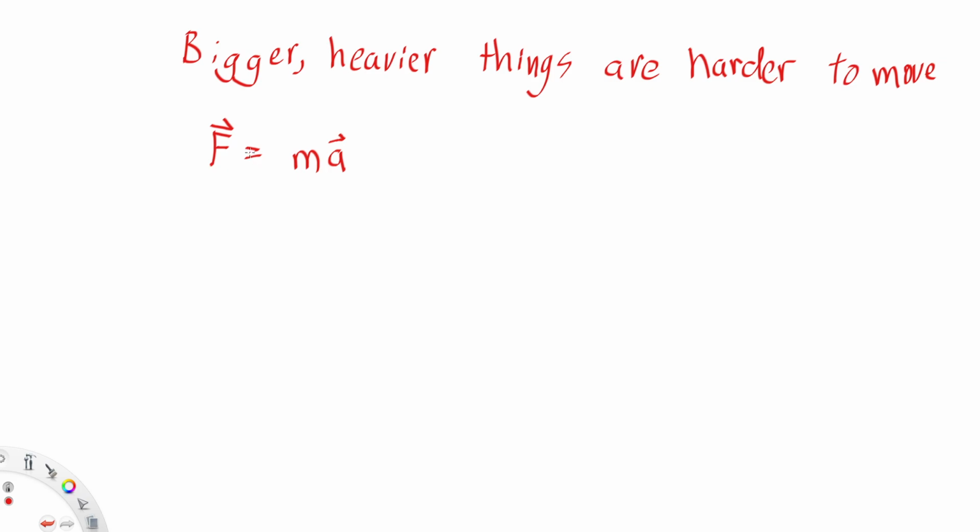So once we have the idea that forces are parallel to accelerations and that mass is the proportionality constant between those two, it actually becomes pretty simple to add up multiple forces, right? If forces and accelerations are linearly dependent on one another, then what happens if we have two forces?